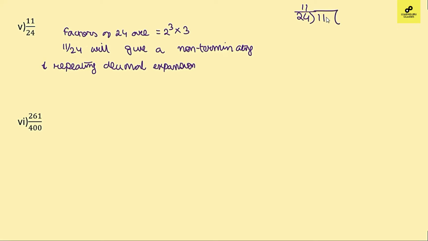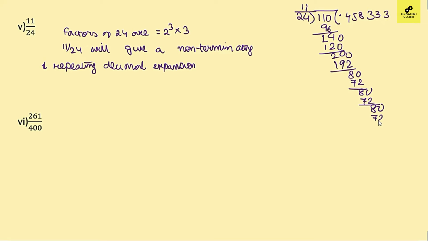So 11, give here 0, decimal over here. So 24 4s are 96, 4, 10, 11, 1, 0. 24 5s are 120, 0, 2, 0. 24 8s are 192, 80. 24 3s are 72, 80.